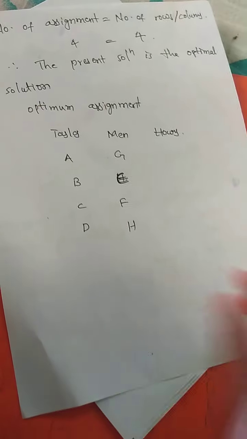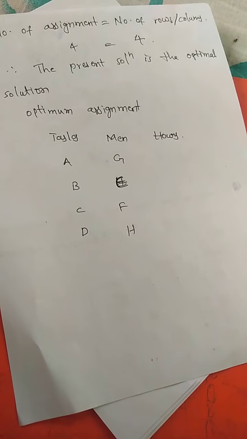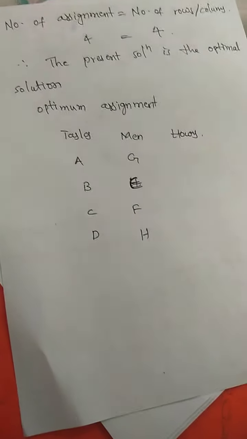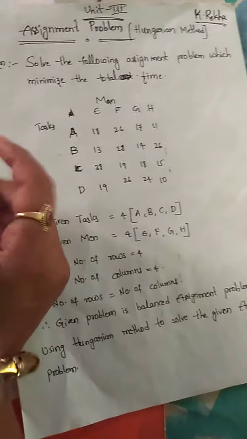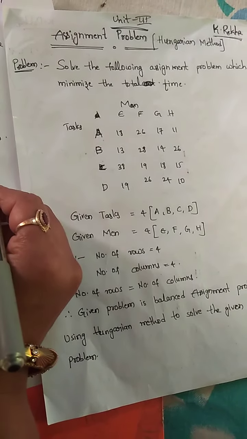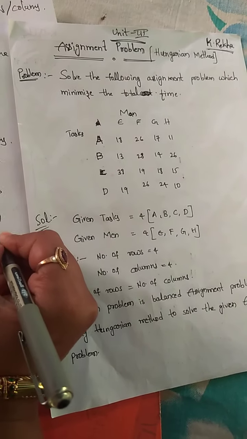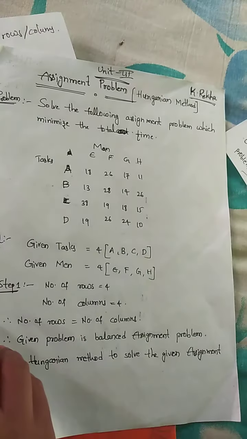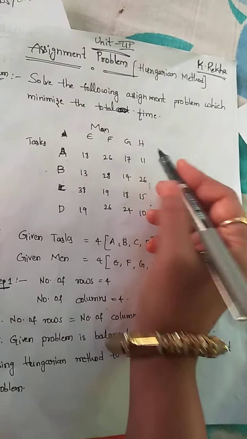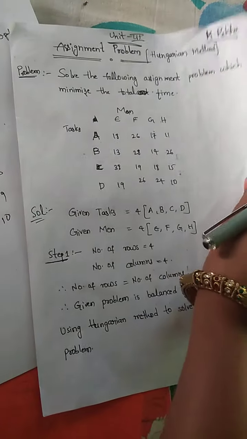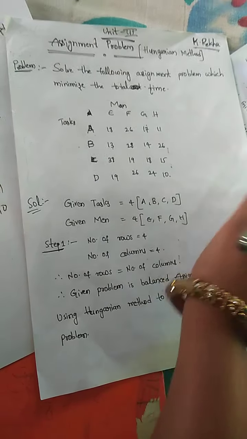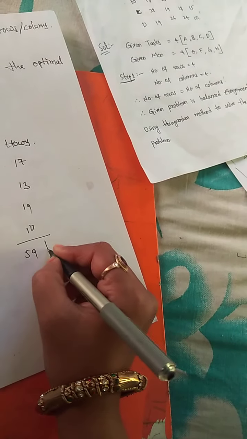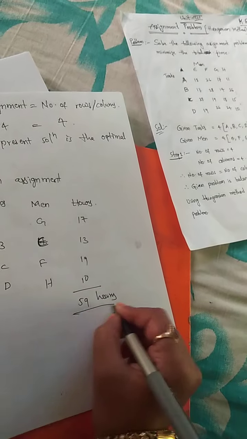Okay, same I am writing here. We have to write the original values. These are 17, 13, 19, 10. The total is 59 hours.